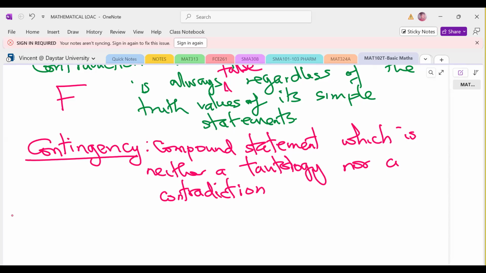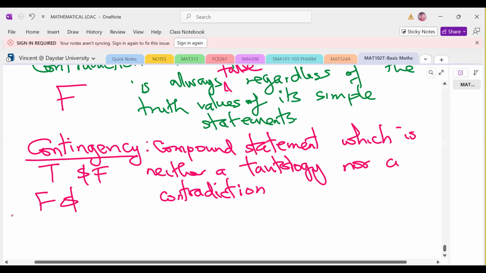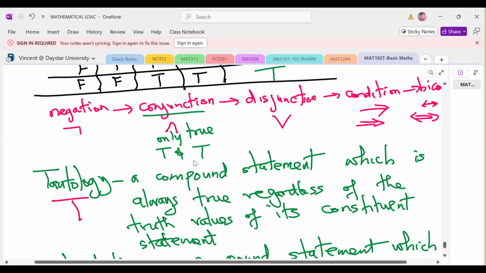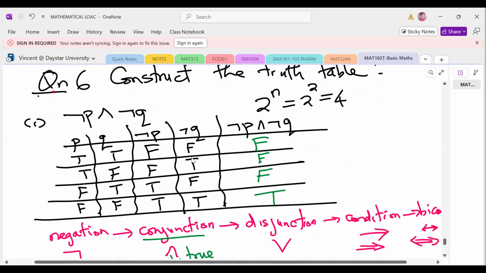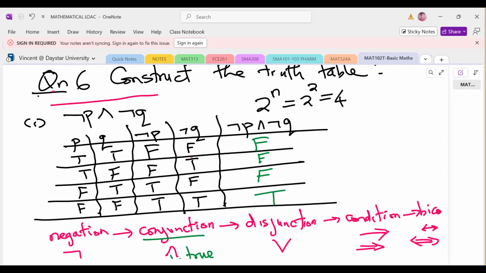So which means now, in the case of a truth table for this kind of statement, you'll find this mixture of T and F or F and T. So both of them will be there, okay? Like on what we have drawn, this statement for not P and not Q. Now from the structure of these truth values, what will be the classification of this statement?